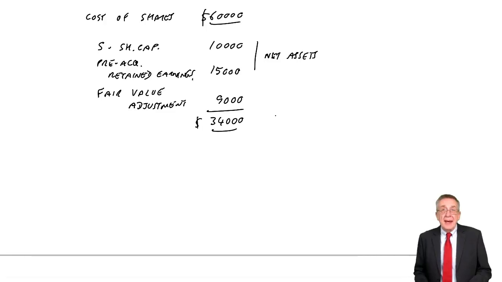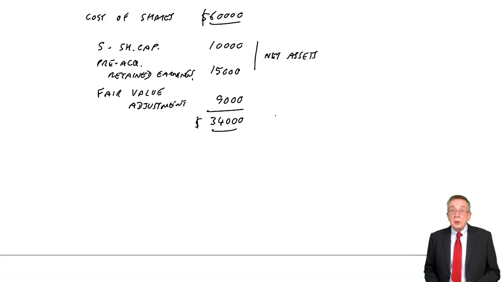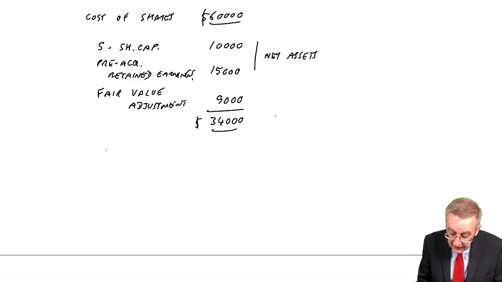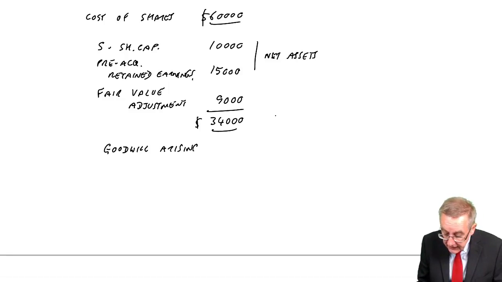Understandably, we might be prepared to pay more for the goodwill. And so if we pay more than the assets are worth, we paid 60, assets are worth 34, the extra is called the goodwill arising on consolidation.